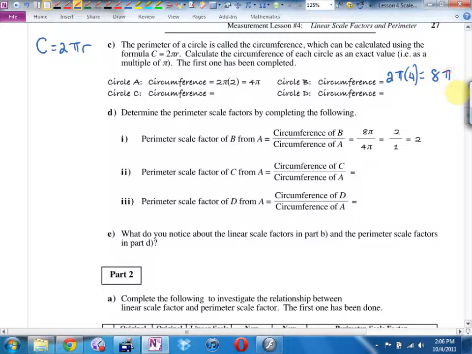The circumference of circle C is 2 times pi times 3, or 6 pi. The circumference of circle D is 2 times pi times 1, or just plain old 2 pi.